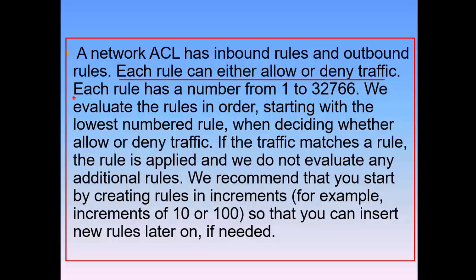So when we create NACL rules, we create them with a number like 10, 20, 30, like this. Every NACL rule that we create has a number, 10, 20, 30, whatever.